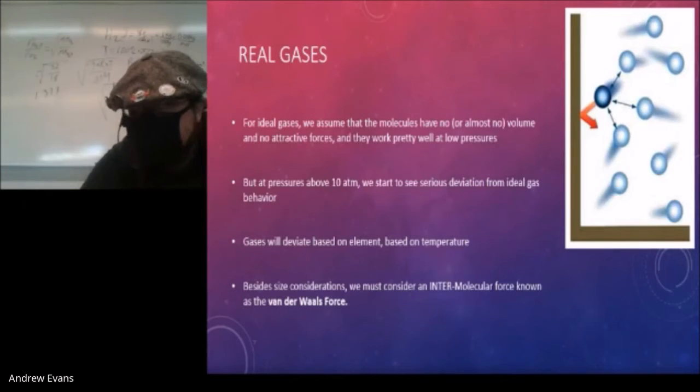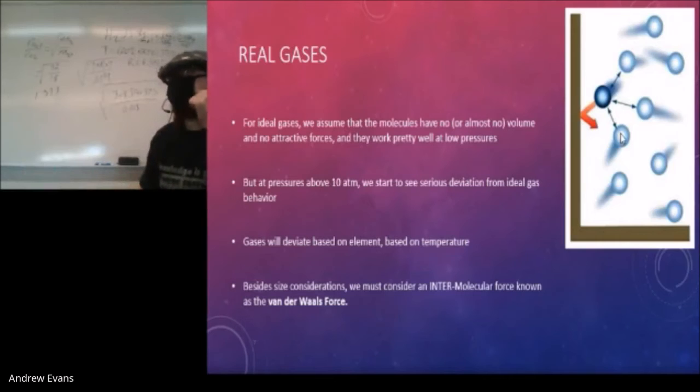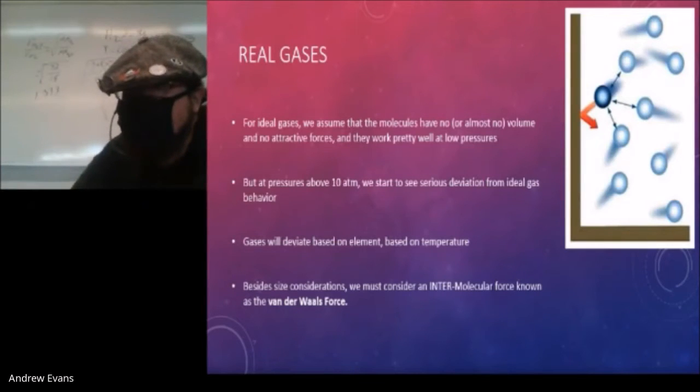So besides the size considerations, we will also consider the intermolecular forces known as the van der Waals forces. Obviously the size will play an effect on how much volume they can actually bounce around in. But we actually see a reduction or increase in pressure based on the attractive or repulsive forces.